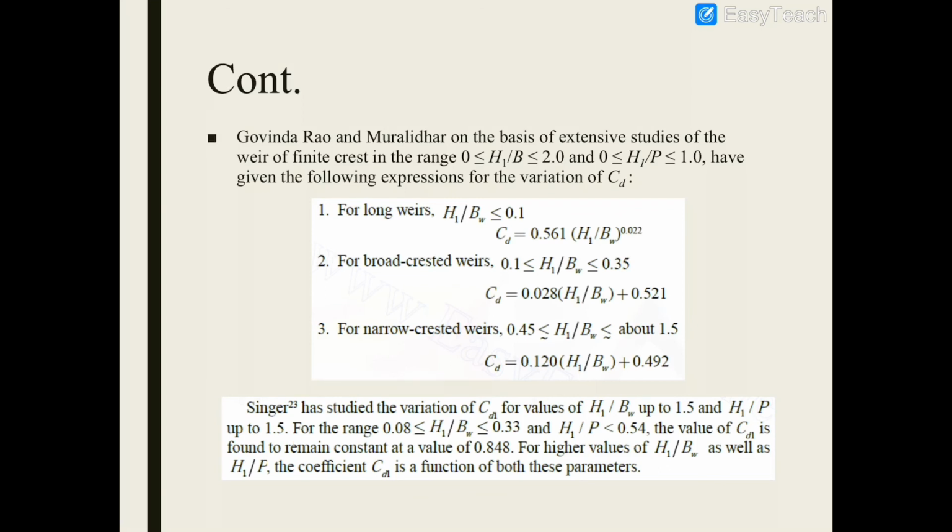For the range H1 upon Bw greater than or equal to 0.08 and less than or equal to 0.33 and H1 upon P less than 0.54, the value of CD1 is found to remain constant at a value of 0.848, and for higher values of H1 upon Bw, means the value of H1 upon Bw greater than 0.33 as well as H1 upon P greater than 0.54, the coefficient CD1 is a function of both these parameters, means CD1 is a function of H1 upon Bw as well as H1 upon P. So this was all about broad crested weirs.